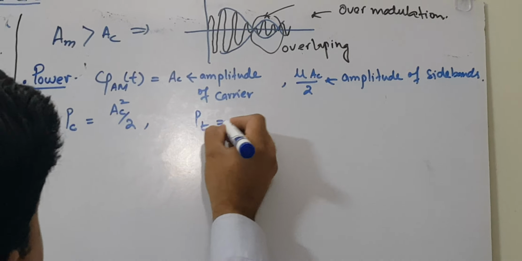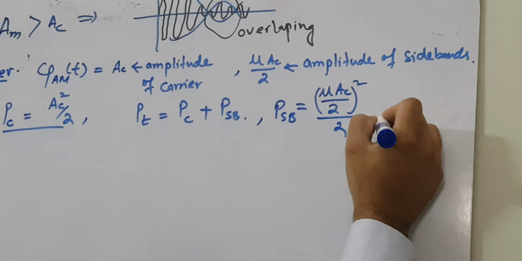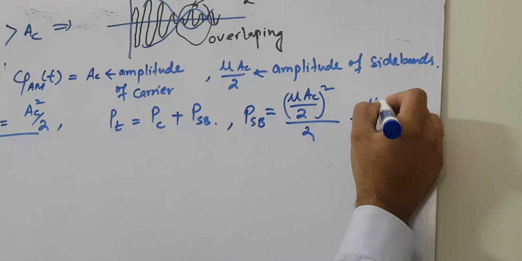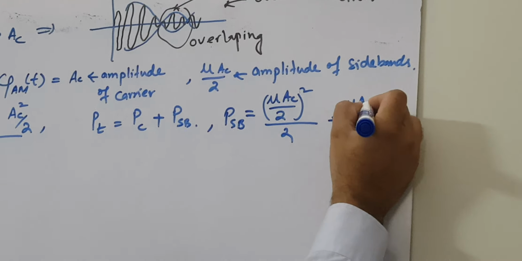The power of the sidebands is equal to (mu Ac divided by 2) whole square, divided by 2, similarly plus (mu Ac divided by 2) whole square, divided by 2, because you have two sidebands, this one and that one.